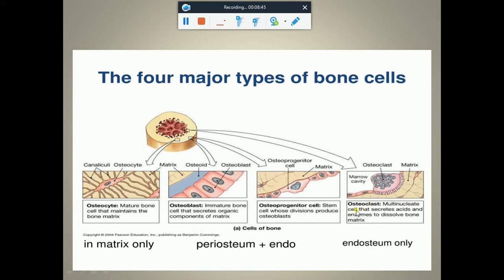So that resorption of the bony tissue is done by osteoclast cells.